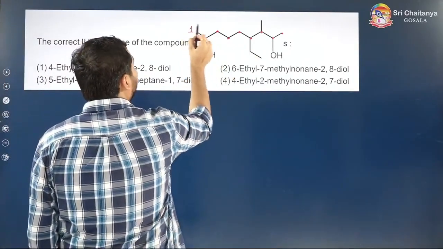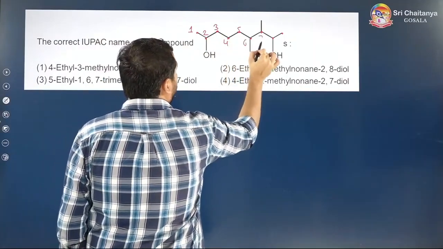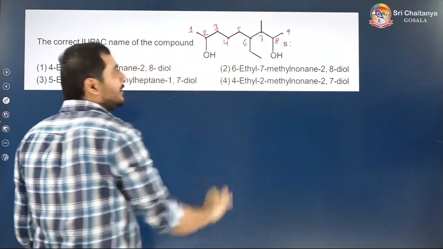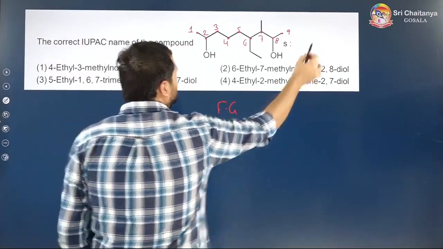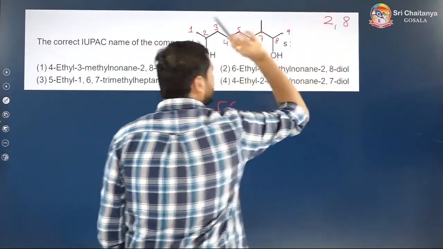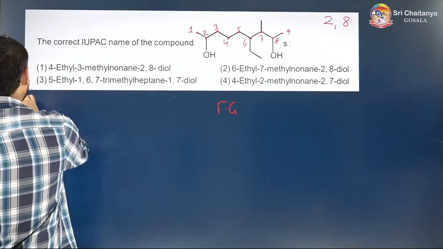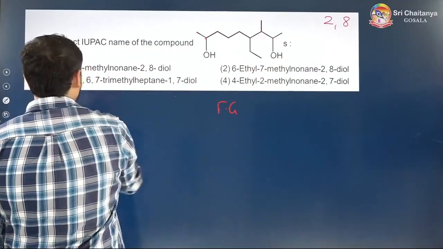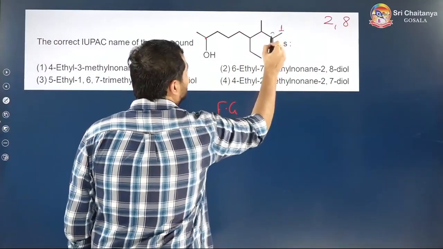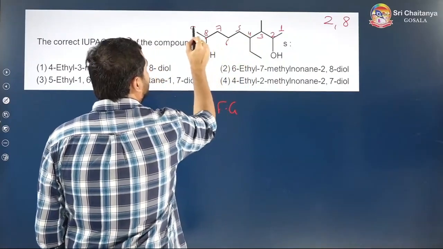So for the functional group, listen carefully, I am writing from both ends. 7, 8, 9. Now at which position are we getting the functional group? 2, 8. But if we write numbering from the opposite end, what do we get? Let us write from the opposite end also. If I write numbering from this end, this will be number 1, 2, 3, 4, 5, 6, 7, 8 and 9.